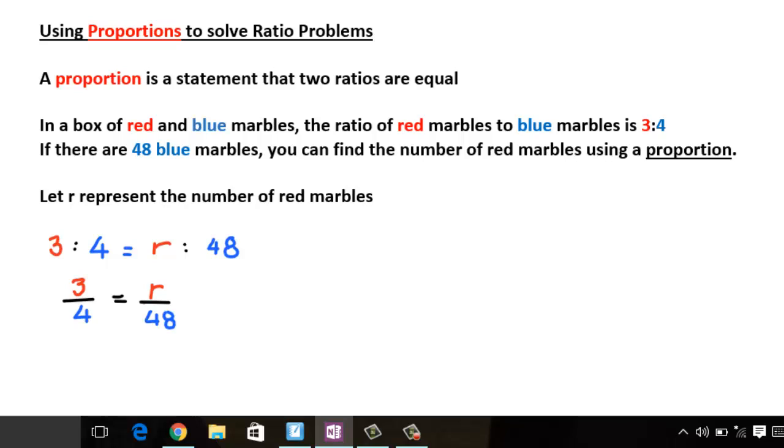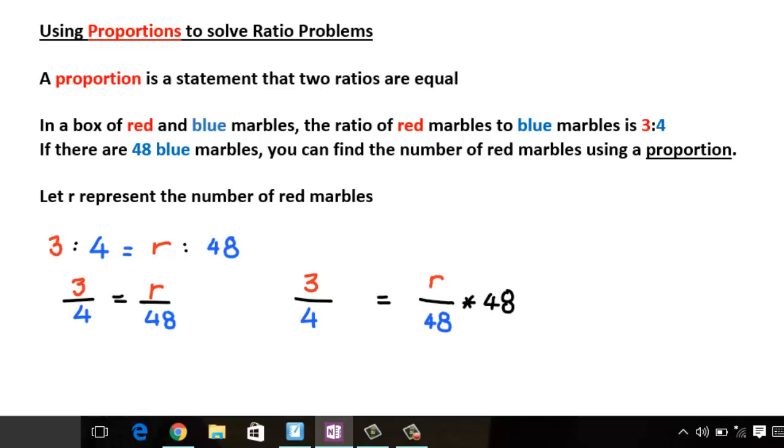So let's do this one step by step. 3 over 4 equal R over 48. I'm trying to respect the same colors. Now, to isolate R, I need to multiply this fraction by 48.